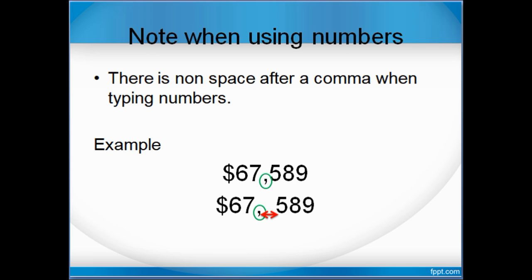And when we place our comma there, we do not place a space, because it will look like a separate number. In the second example, it looks like we are showing two numbers, 67 and 589, because of the space. And the one on the top, the one without the space, you can read as $67,589.